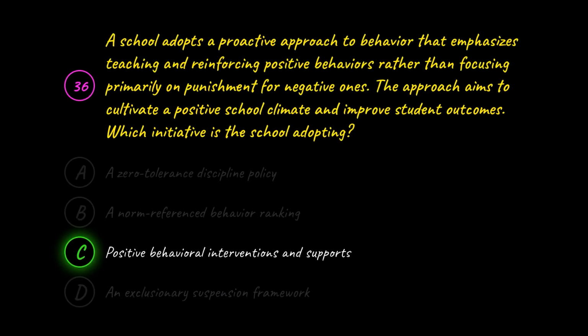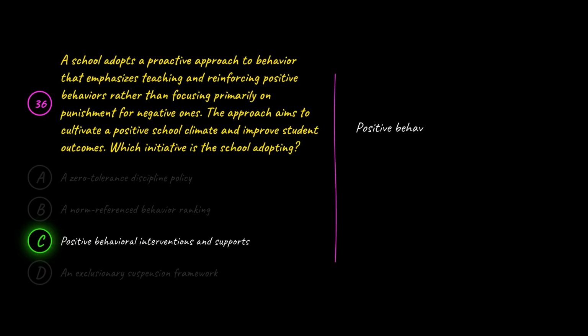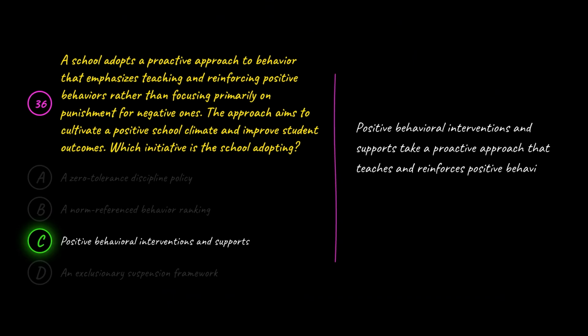The correct answer is C, positive behavioral interventions and supports. C is correct because positive behavioral interventions and supports take a proactive approach that teaches and reinforces positive behaviors to build a positive school climate. The course material highlights this proactive emphasis over punishment.